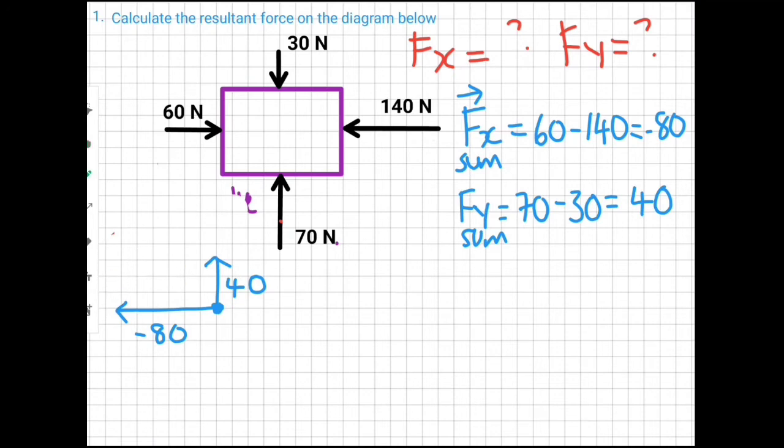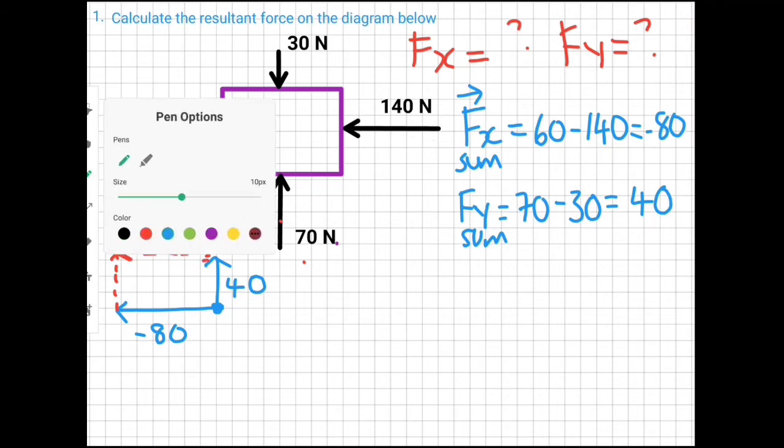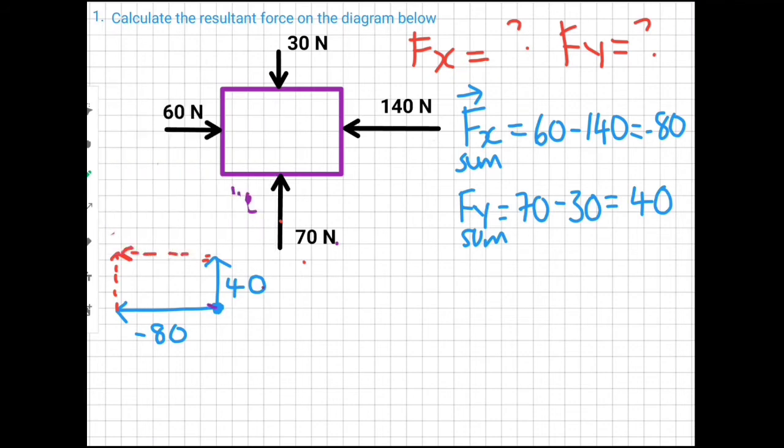So if I draw in a parallel side to the 40, and I draw in another parallel side to the 80, the diagonal from the two tails to the heads, there is my resultant force, my F net, and there is my angle theta.